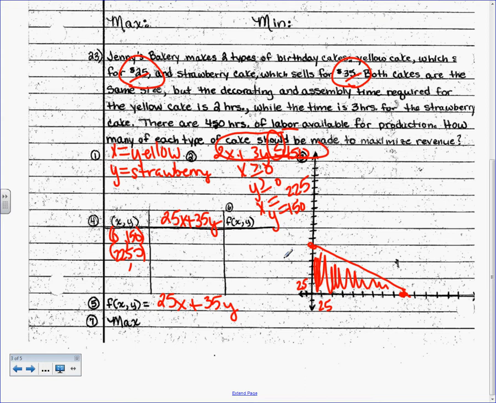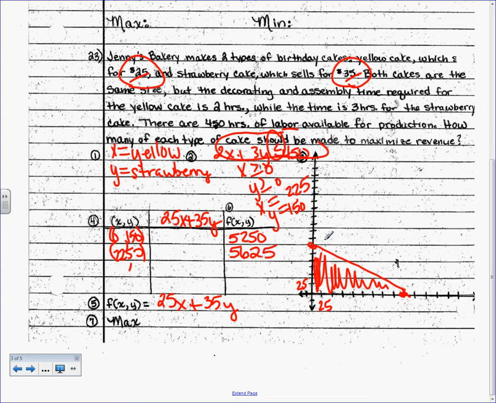What do you get? 5,250, right? What about the other one? Yeah, 5,625. Try it again.